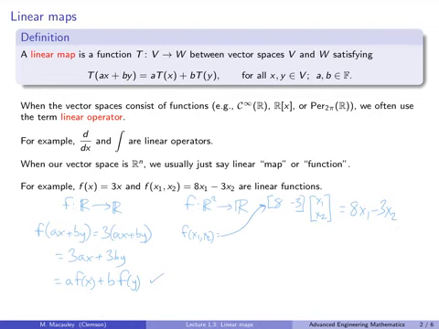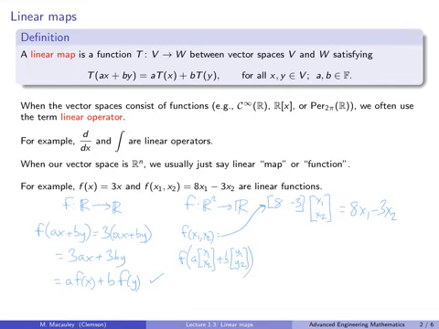Now let's check that this is indeed linear. Let's take f of, and I'm going to write it now in vertical form. So f of a times (x1, x2) plus b times (y1, y2). Remember, I can always write an ordered pair vertically if I want to.